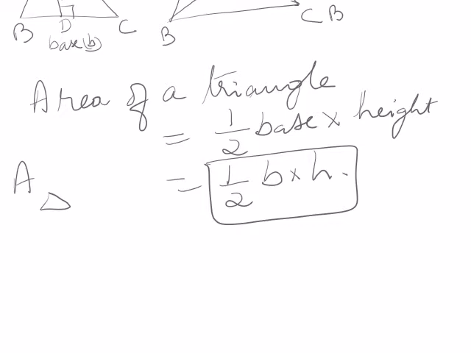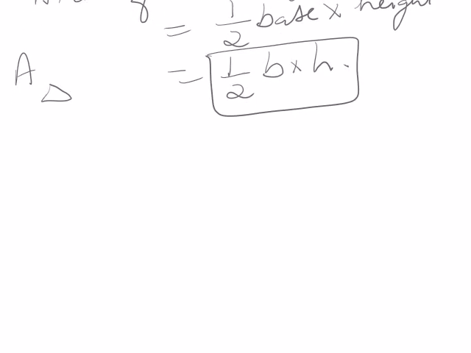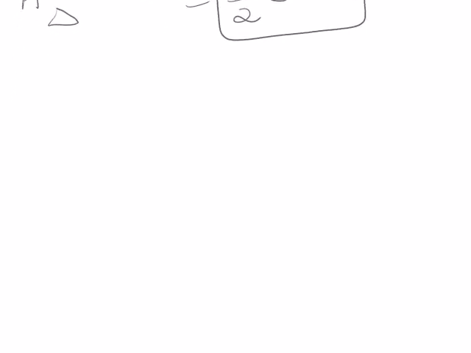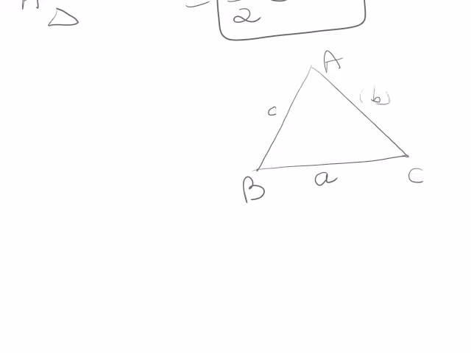Perimeter always is the sum of all the three sides. Okay? So now the three sides, how they are represented is, suppose this is the triangle A, B, C. So all the three vertices always are denoted by capital letters. Okay? So the side BC opposite to vertex A is denoted by small a. The side AB opposite to vertex C is denoted by small c. And the side AC opposite to vertex B is denoted as small b.